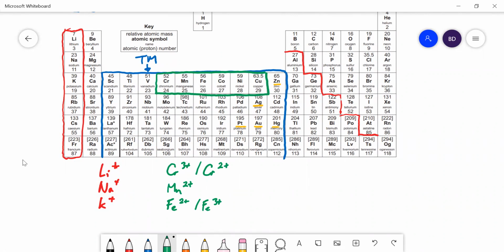So forming variable valency is also a characteristic of transition metals. Of course, that never happens with Group 1 metals. Cobalt is usually 2+, but there are some 3+ compounds as well. Nickel, mostly just 2+. And copper, well, we know a lot of copper 2+ compounds, but there are also quite a few copper 1+ compounds as well.